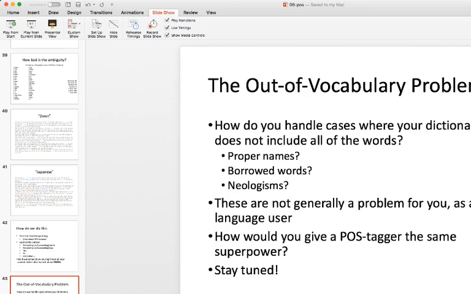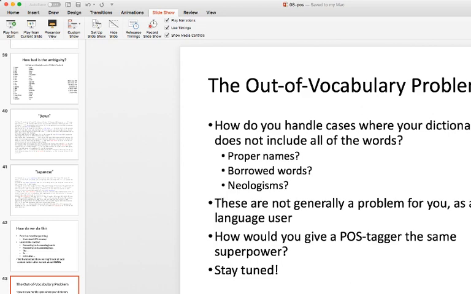So how would you give a POS tagger the ability to do that? We'll manually type in the rules. So, let's say after the verb, it's probably a noun or something. Yeah, so you could manually type the rules, but we could also look at the data we already have to see the probability.